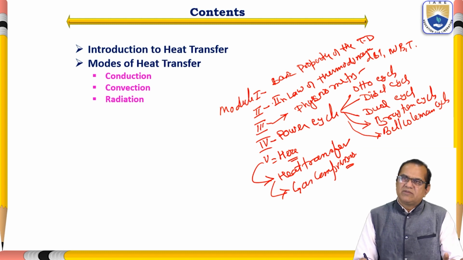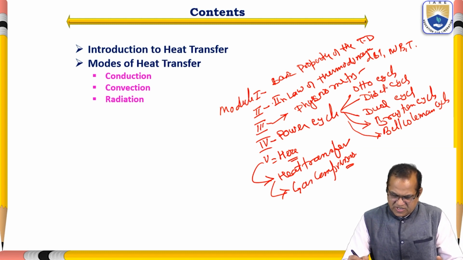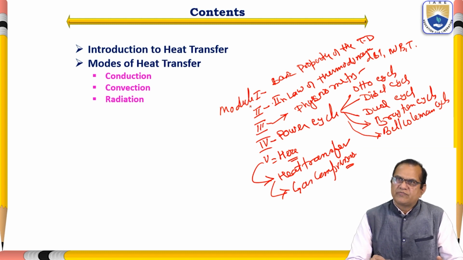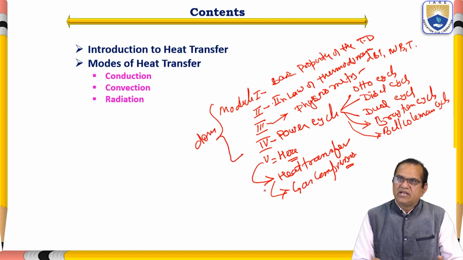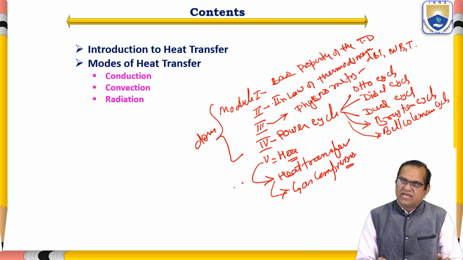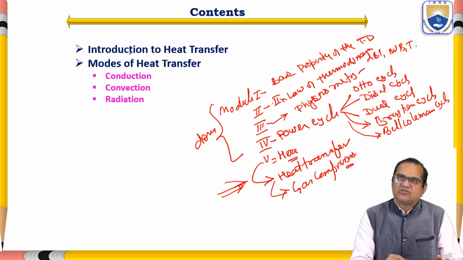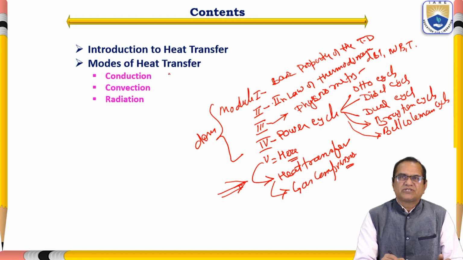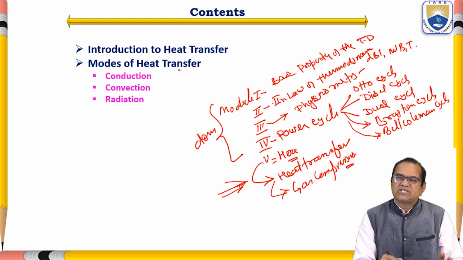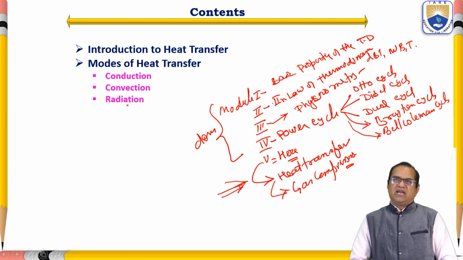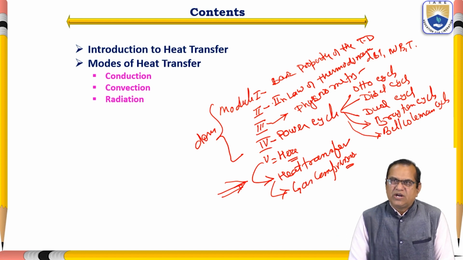In my previous lectures we have done modules 1 to 4. Now I am starting here, and in heat transfer I am going to take first Introduction to Heat Transfer, then modes of heat transfer. In the modes, we will be discussing conduction, convection and radiation. These are the topics which I am going to take in today's lecture.